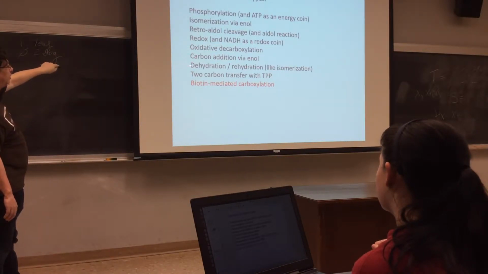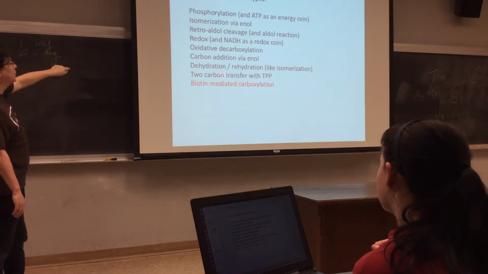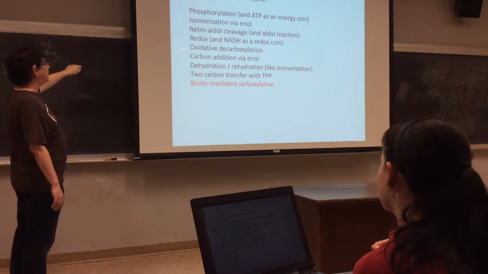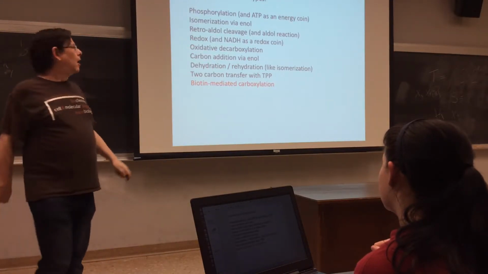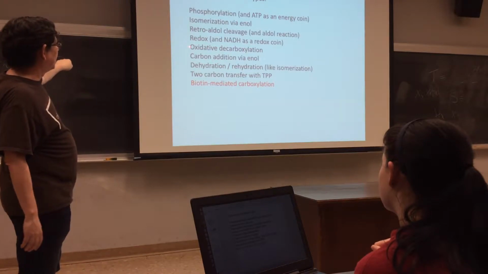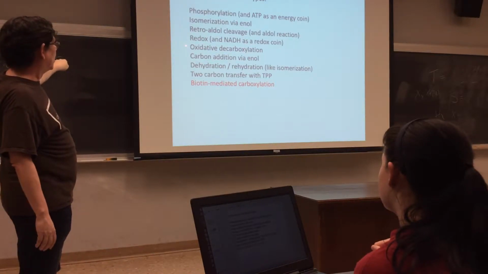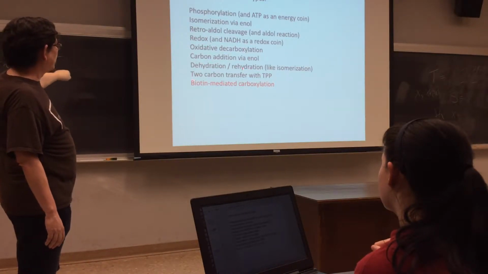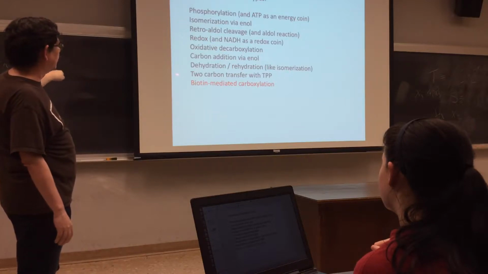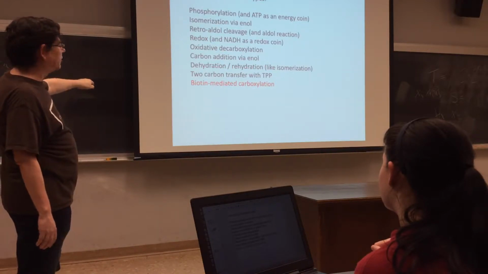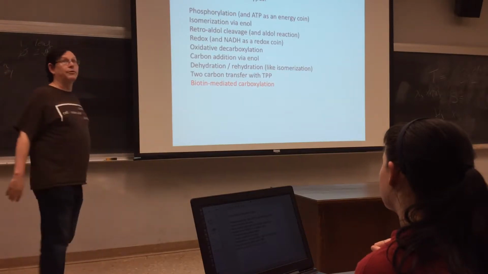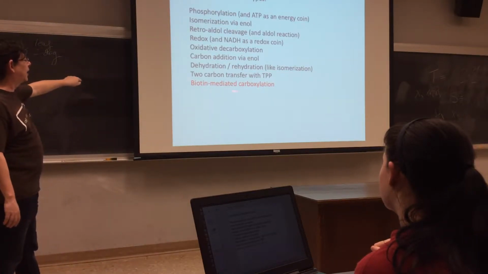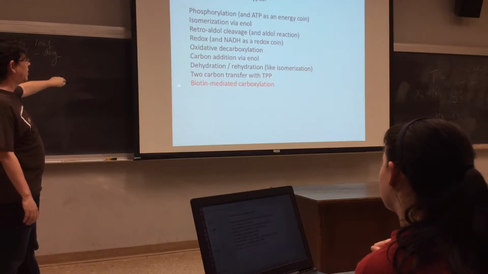Again, carbon addition via enol, dehydration and rehydration, like isomerization. 2-carbon transfer with thiamine pyrophosphate, a bit like oxidative decarboxylation, but instead of this being eventually passed off to, say, an acetyl group, or to a CoA, here we're going to pass it on to another sugar. This was part of the Calvin cycle, part of the shunt that basically took 5 times 3 and made it 3 times 5, and finally we just learned biotin-mediated carboxylation.